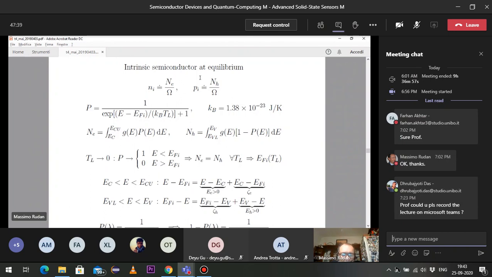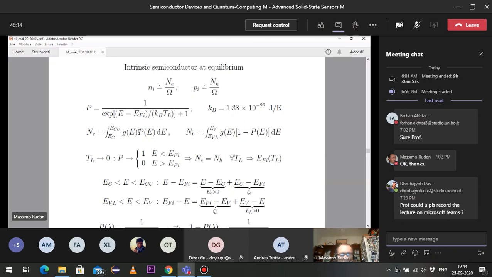The total number of electrons of the conduction band is given by the density of states G of the electrons in energy. So G is the density of states in energy, not the combined, okay? The combined is after the division by the volume. G is just the density of states.